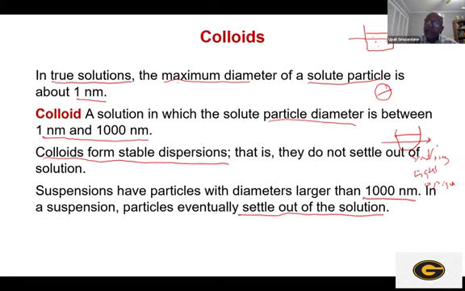The soil gets deposited at the bottom if you leave it standing. So that's the third category of homogeneous mixture. There are three types of mixtures. First is true solution. Second is colloids. Third is suspension.